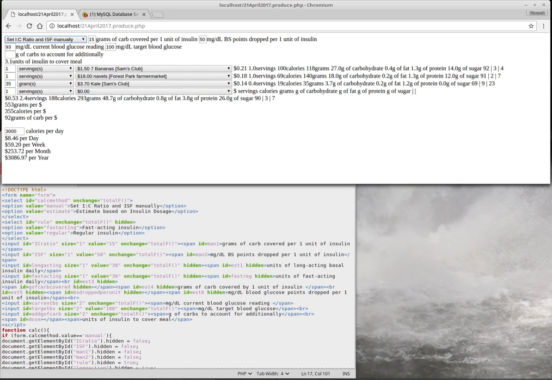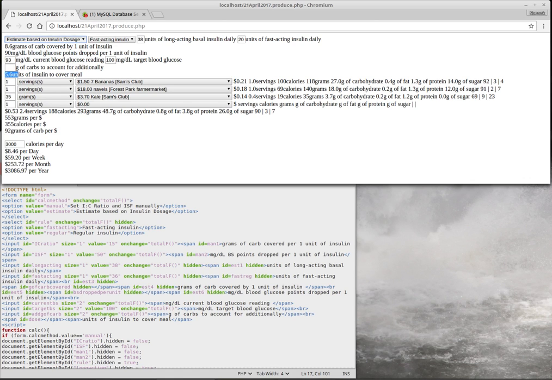So if you set it manually, you get a certain readout, 3.1 units. But if you do based on the number of units you take, then you'll get a different readout.